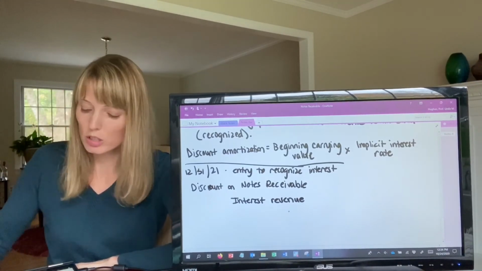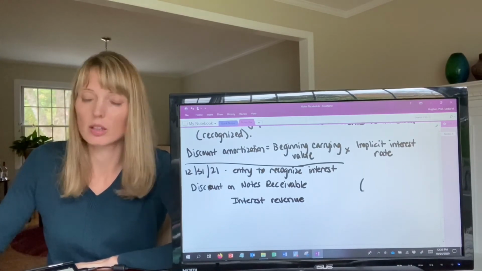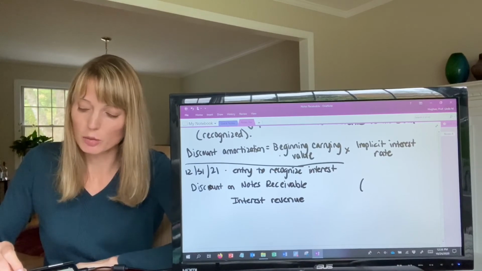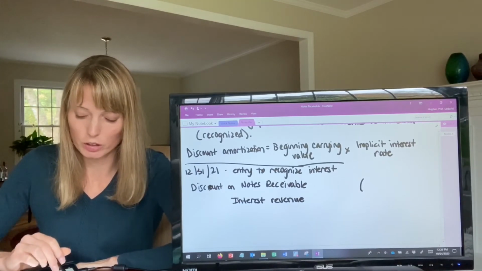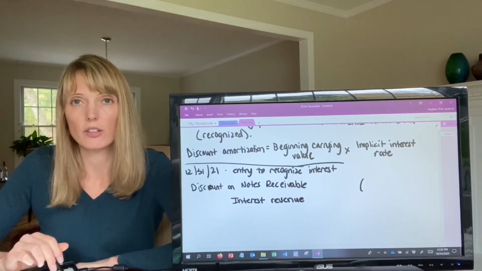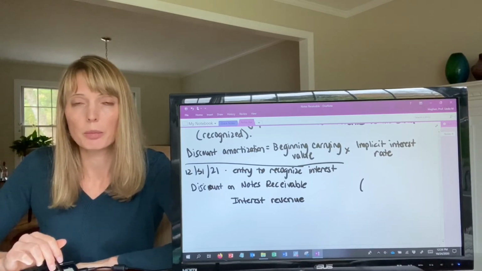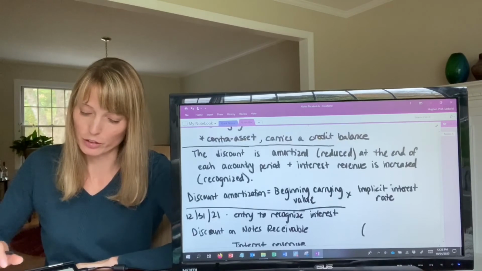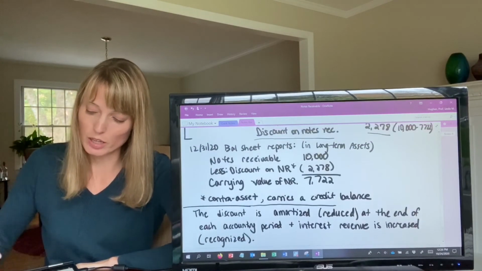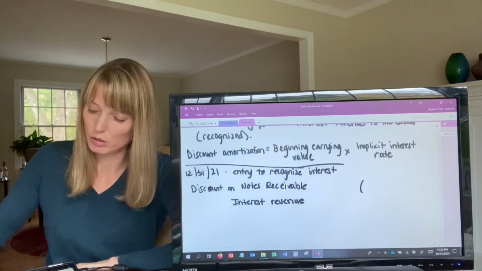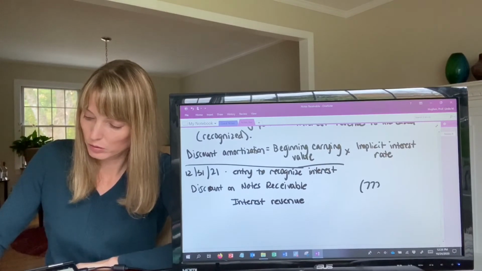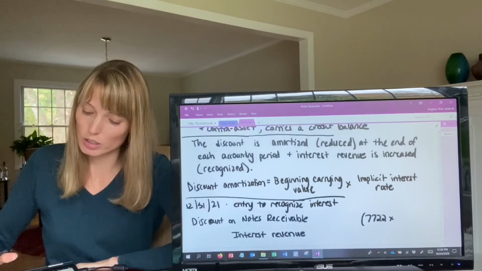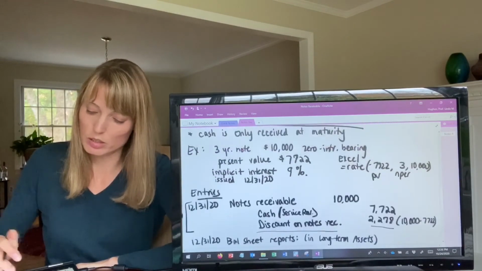The next question is, how much is the interest revenue and the discount amortization? So remember, I take the beginning carrying value. If we are in the fiscal year of 2021, beginning carrying value is the carrying value on January 1st, which we said is $77.22. Multiply that by the implicit interest rate, which for this example is 9%.